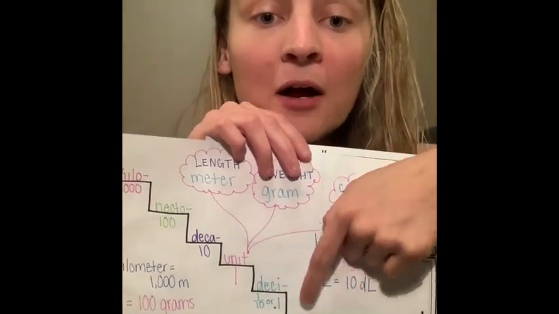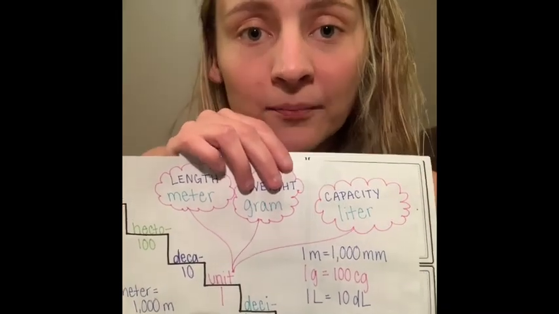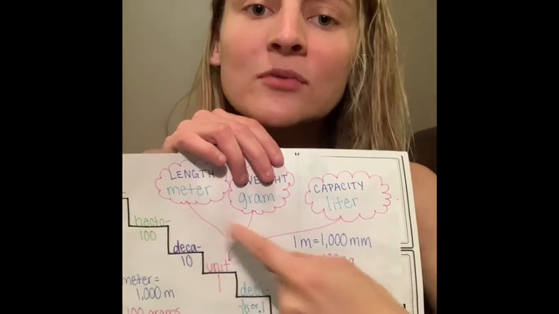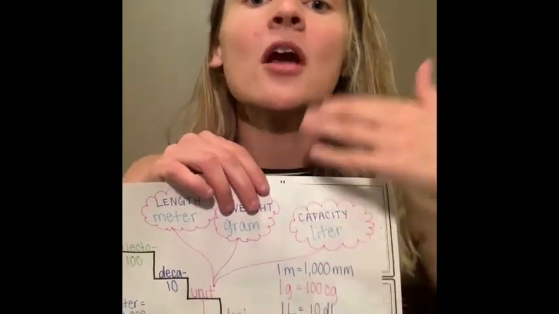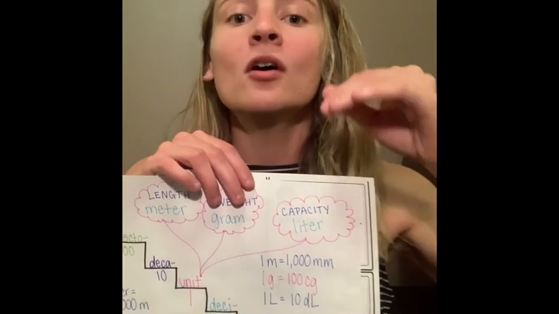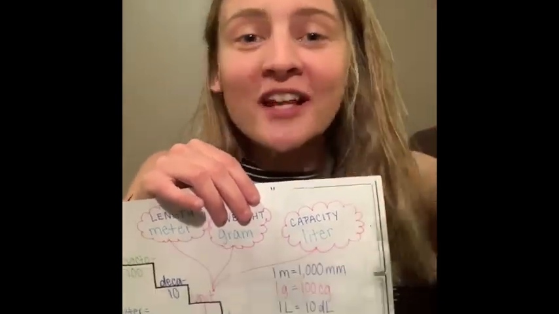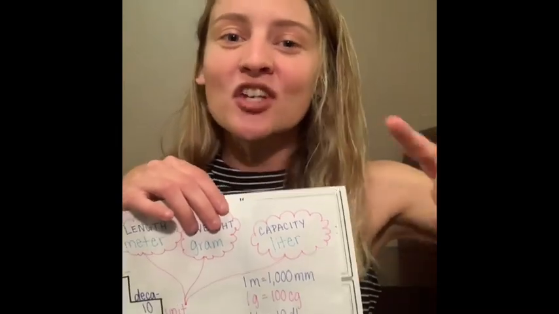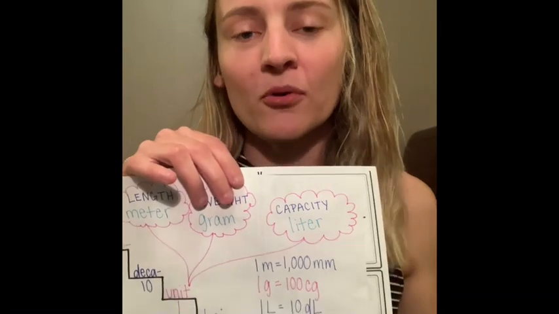And we climb up 1, 2 times to get to liter. So when we go down, we multiply. When we go up, we do the opposite of multiplication, which is, I hope you just said division. And if you said division, you are correct. Your parents should give you dojo points for that.